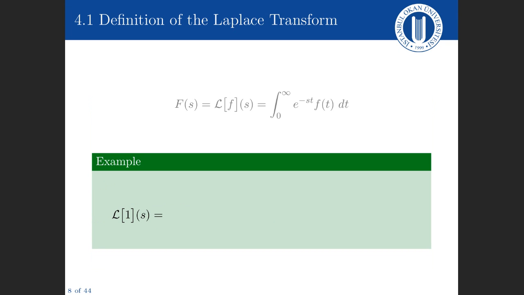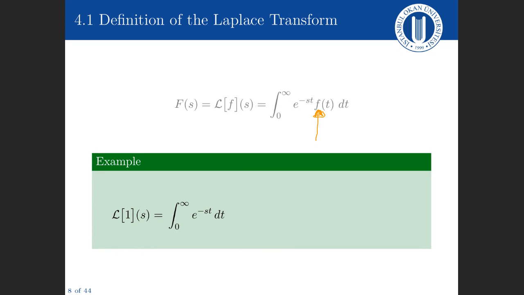I'm going to go through some examples. I put the formula at the top because we're going to use this formula. Easiest function I can think of is the function 1. The Laplace transform of the function 1: instead of f of t, we write 1 just here.